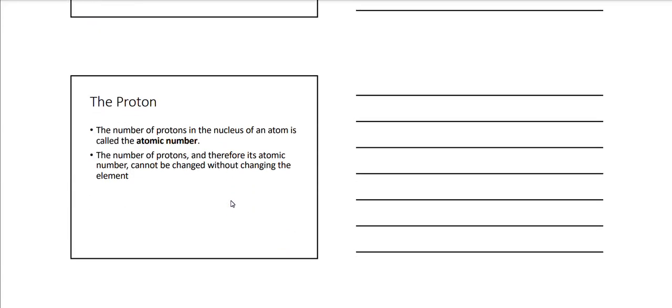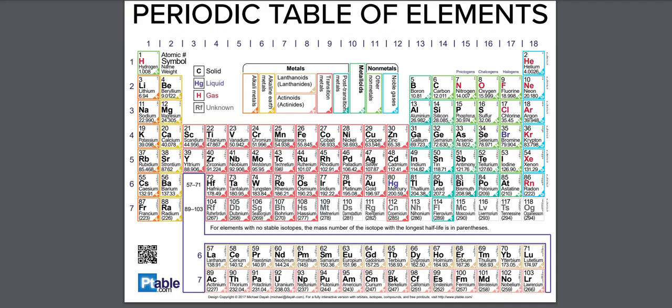The number of protons in the nucleus of an atom is called the atomic number. If you look at the periodic table, this is the atomic number right here. For oxygen, the atomic number, or the number of protons, is 8.